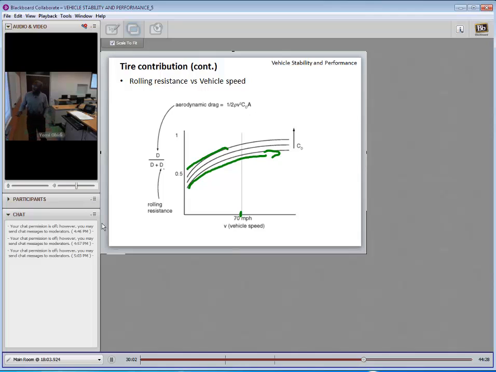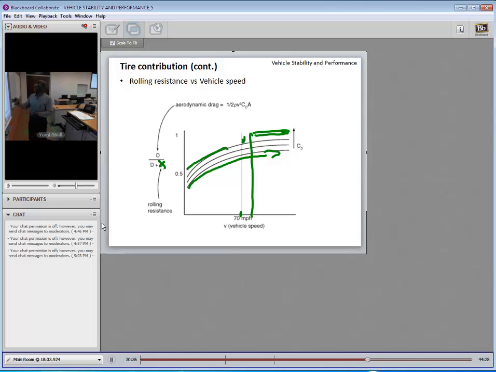Now, as the speed increases, we see that the rolling drag becomes irrelevant, because at about this point, maybe a little beyond 70 miles per hour, we have what's more or less a flat line, and that's D over D, which is 1. We have the drag coefficient again being essentially determined by aerodynamics.